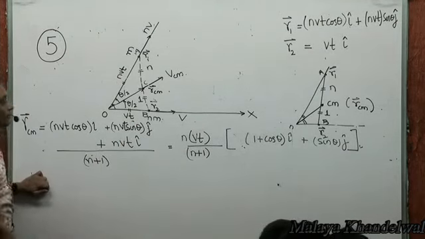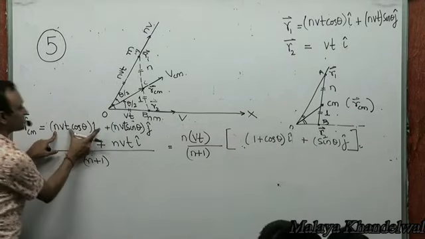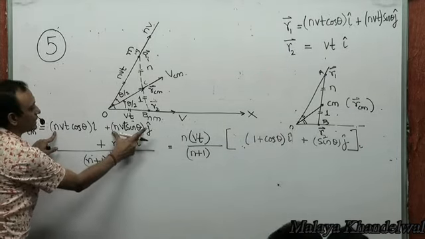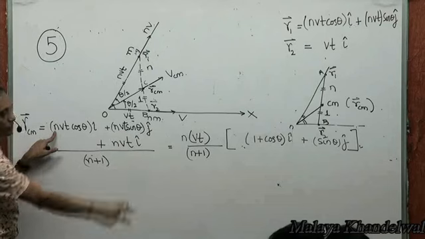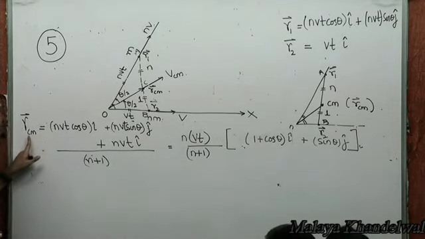See, this i cap terms taken common, and then I take nVt common. This is what turns out to be the position vector of the center of mass.